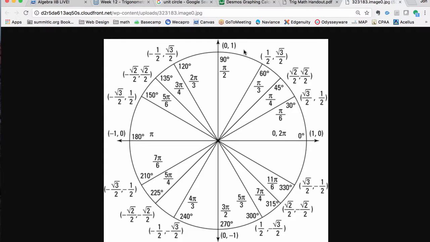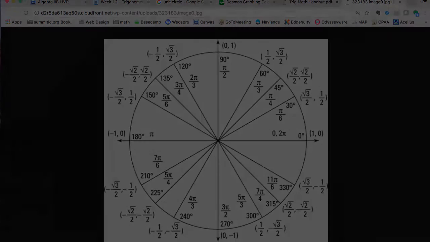Sine is your y value. There's when the sine of the angle equals 1, so that's 90 degrees. That's one solution. Negative 1/2 will be at 210 degrees right here, and at 330 degrees. So there are two different angles that give you a sine value of negative 1/2. 210, 330, and 90. So we got 3 solutions.